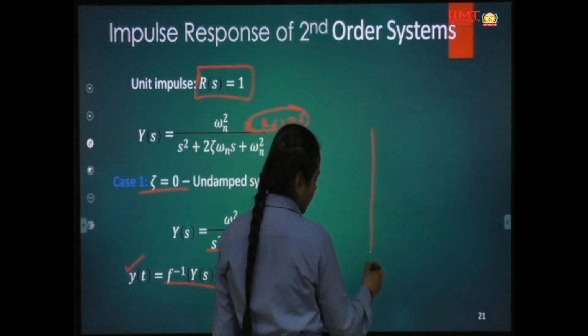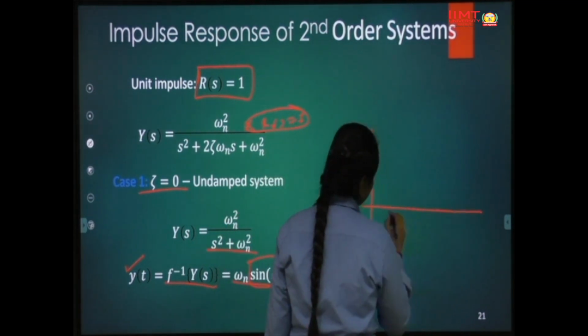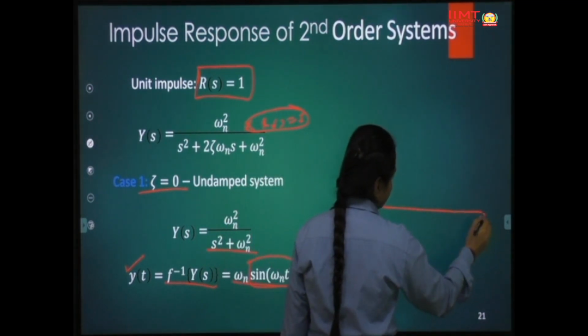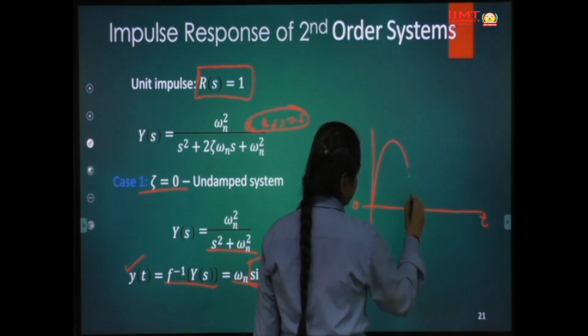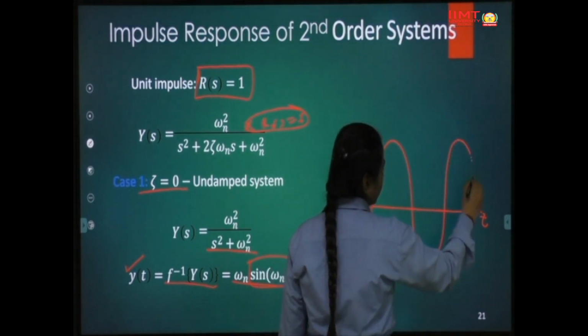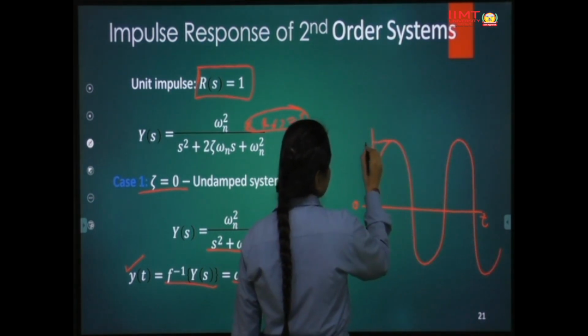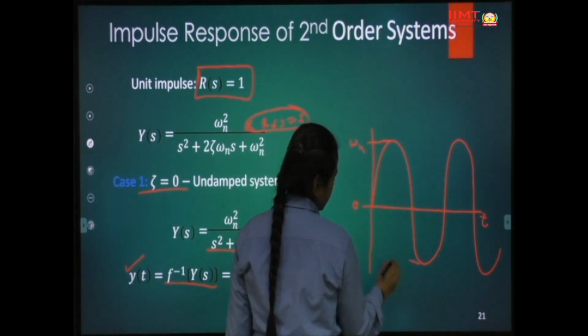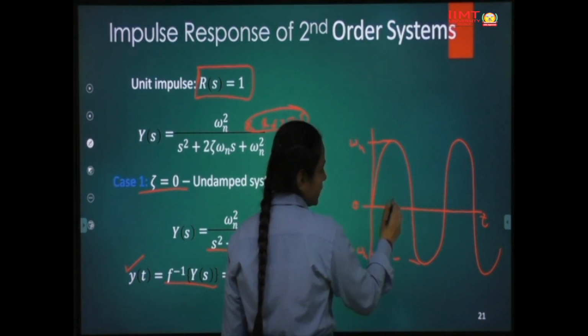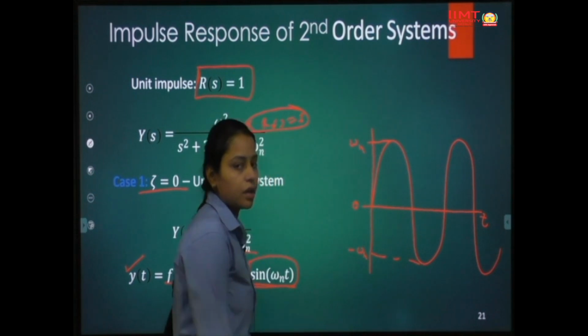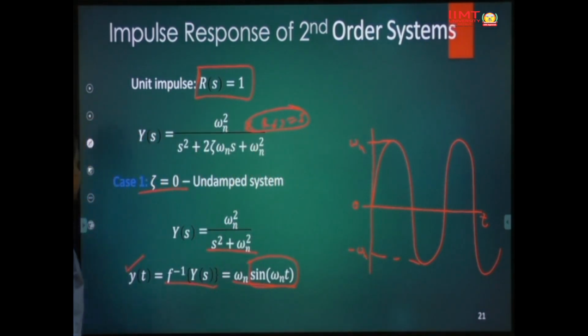If this is 0 and this is t, it would look like this, with omega n and minus omega n as the amplitudes. So it will keep on oscillating at the natural frequency omega n.